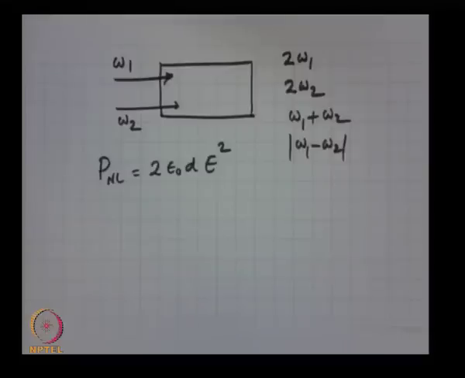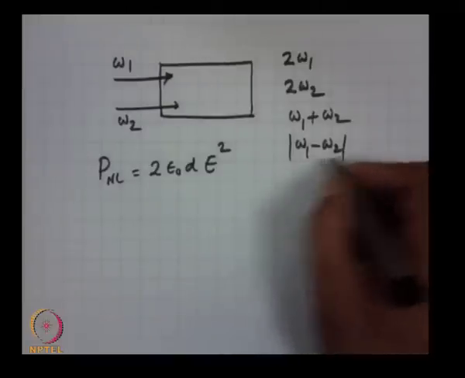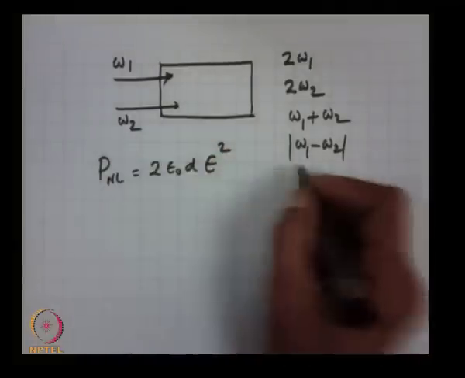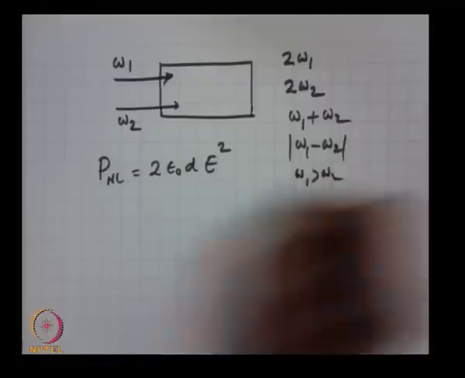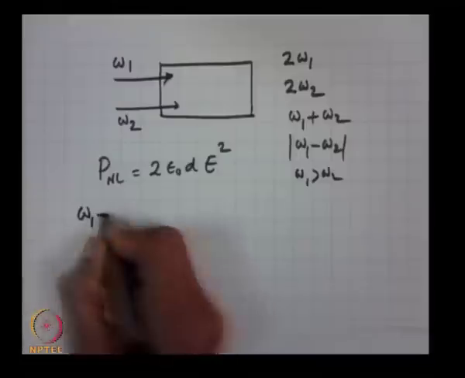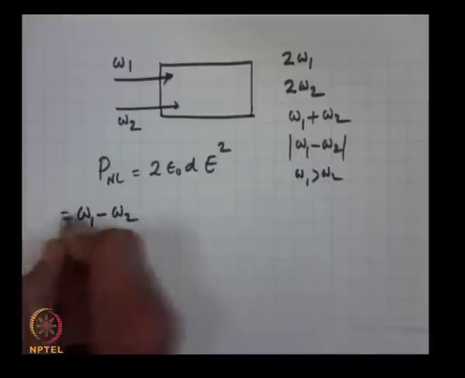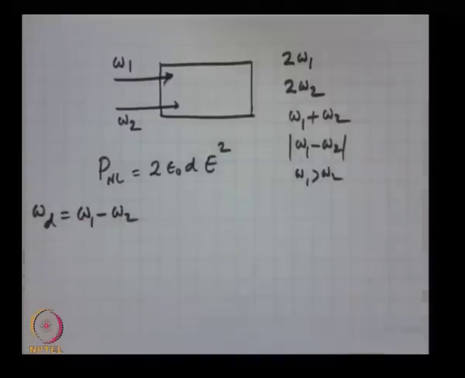The phase matching condition. So, for example, to generate omega 1 minus omega 2, what is the phase matching condition I need to satisfy? Let me assume that omega 1 is bigger than omega 2. So this is omega 1 minus omega 2, which I call the difference frequency. What is the phase matching I need to satisfy?